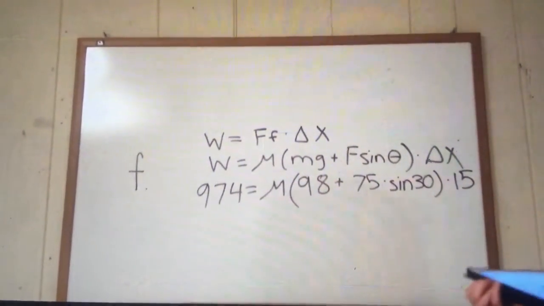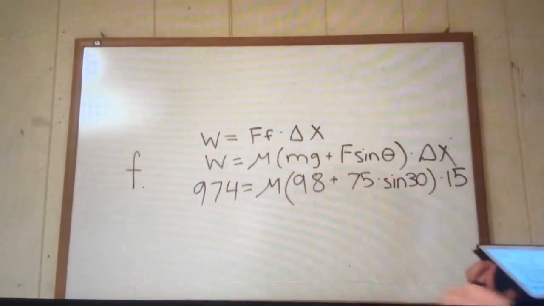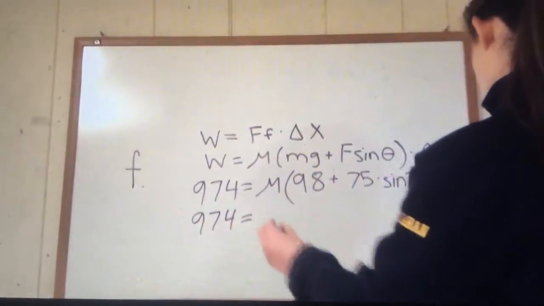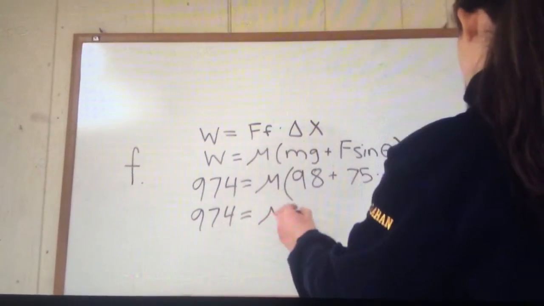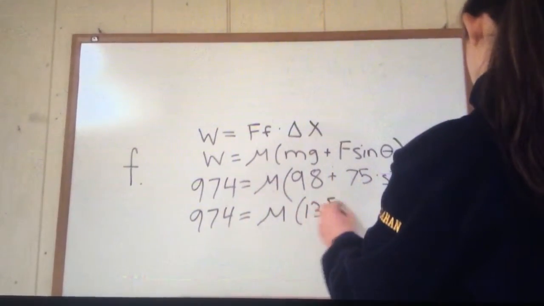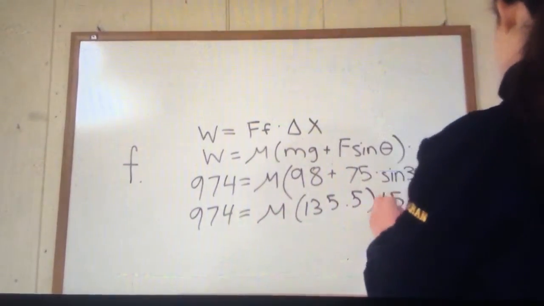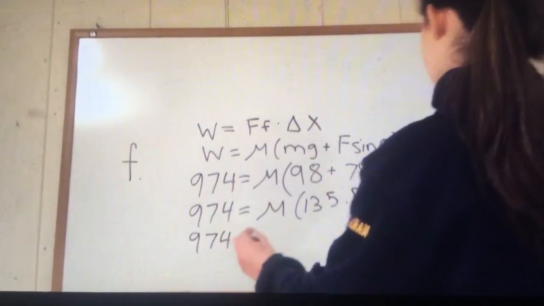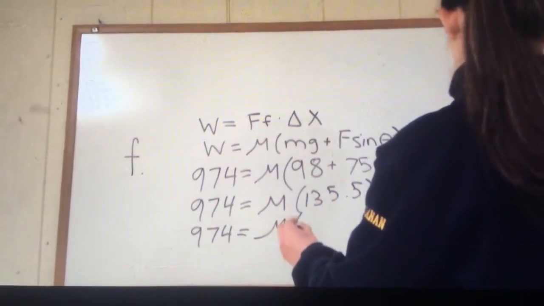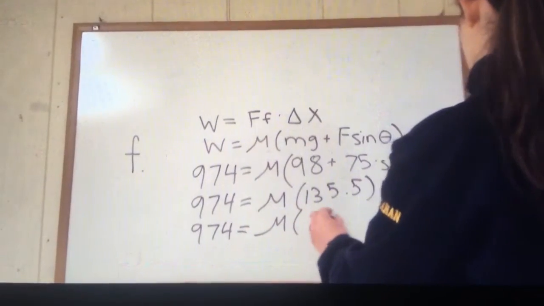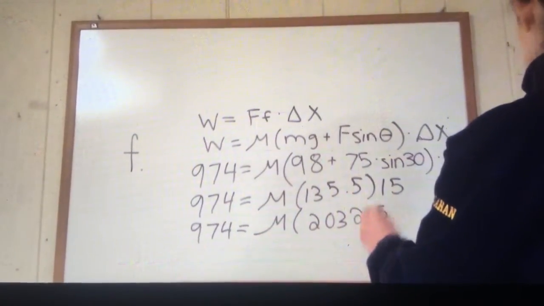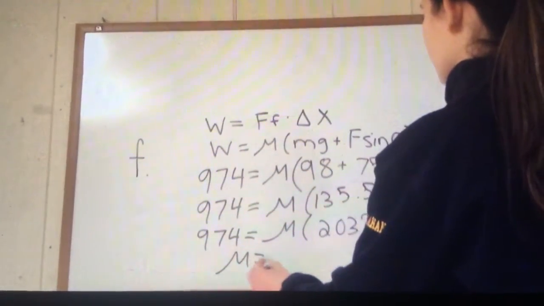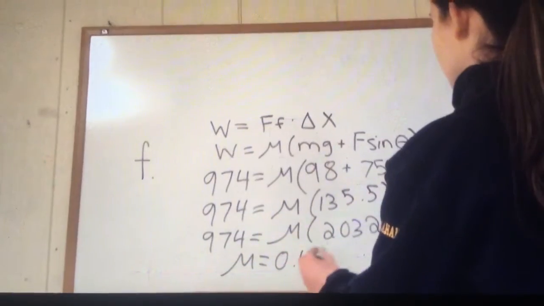Now we have one unknown, so we can solve for mu. And by dividing, we solve that mu is 0.48.